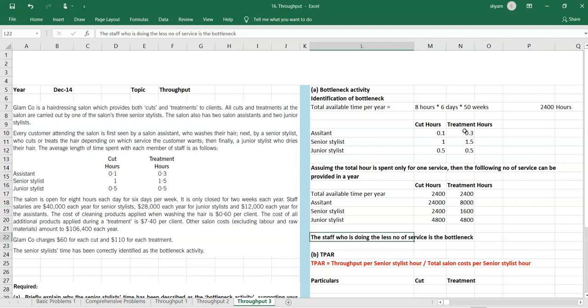So if you take that, then it is actually the senior stylist. In both cases it is the senior stylist.